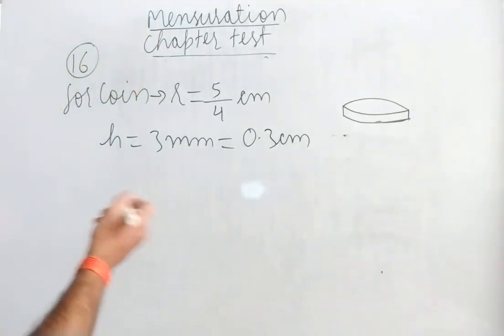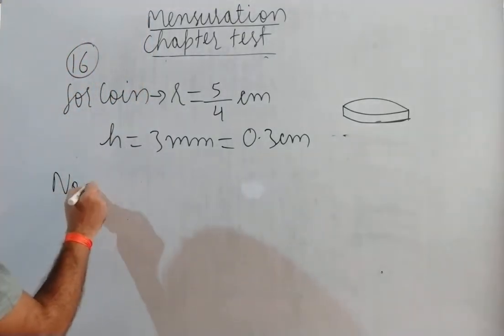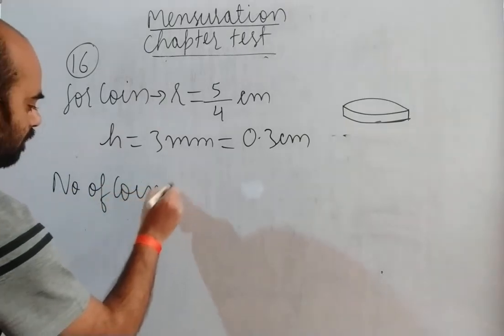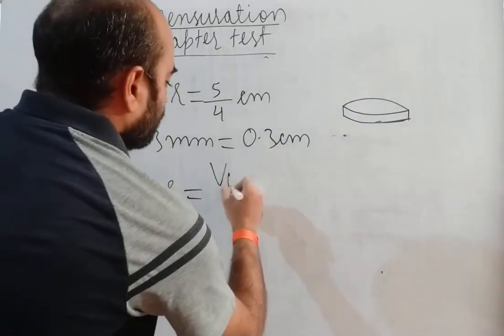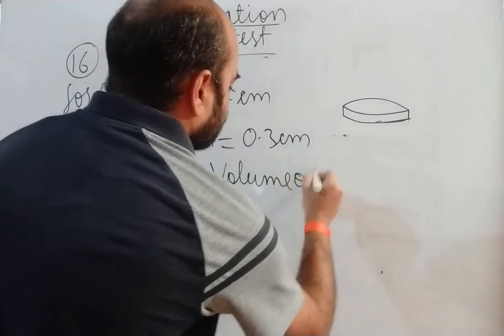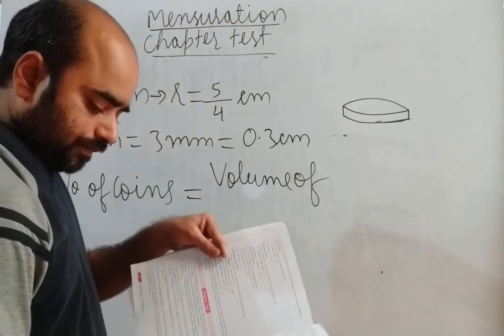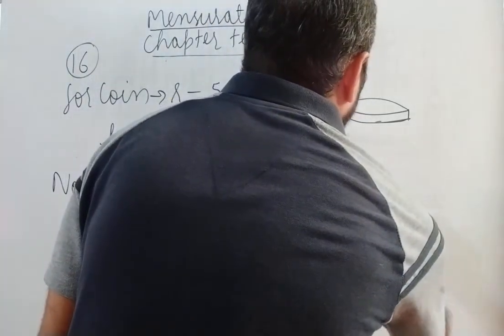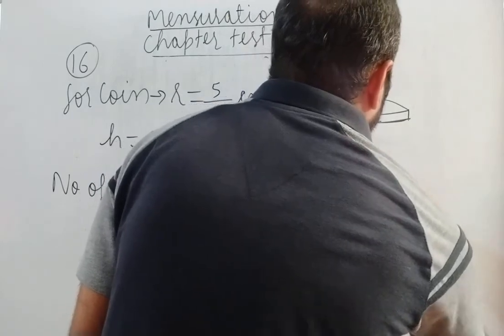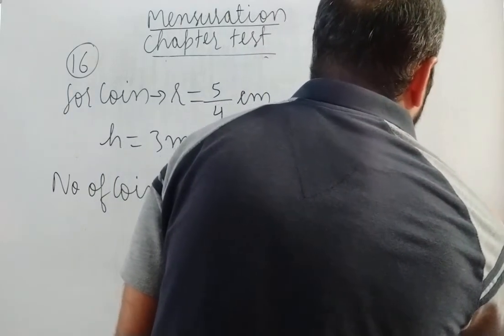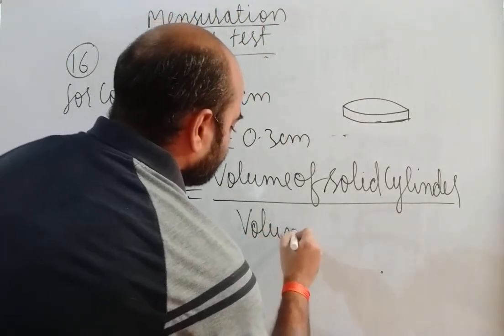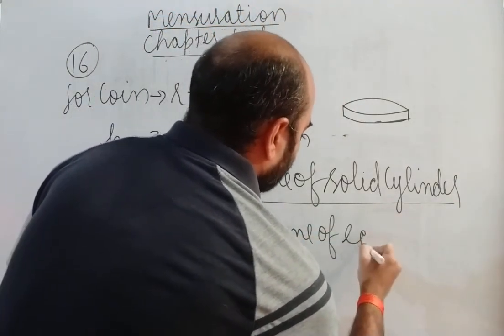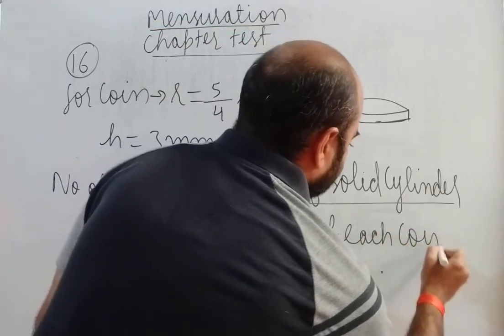Once again, what is the formula for the number of coins? Larger volume upon smaller volume. Larger volume means the volume of the solid cylinder upon the volume of each coin.